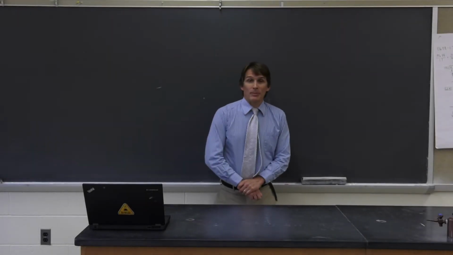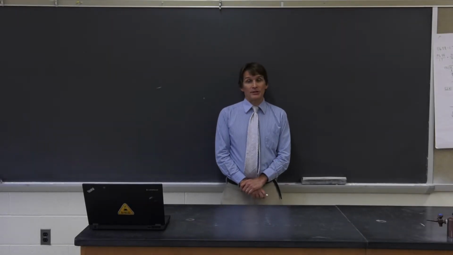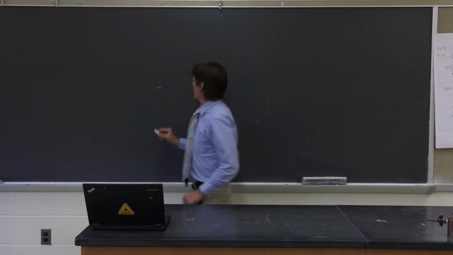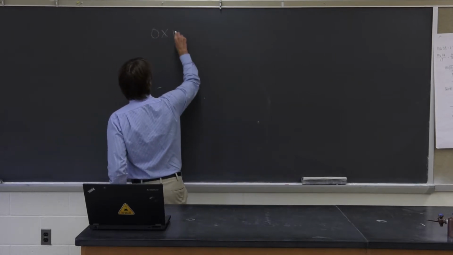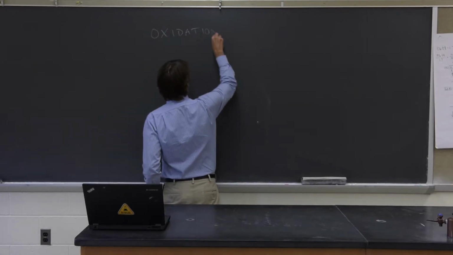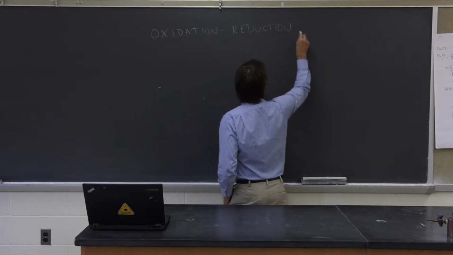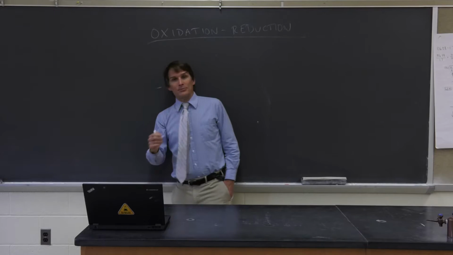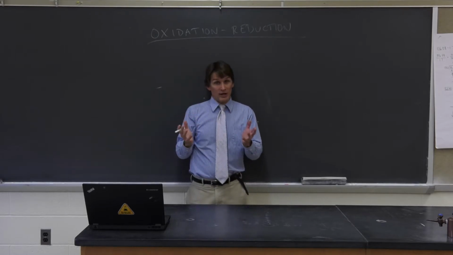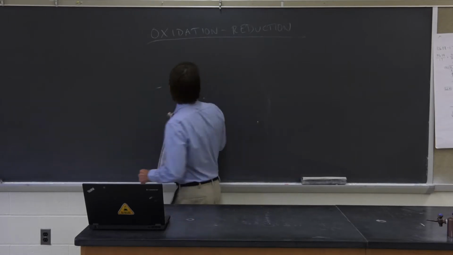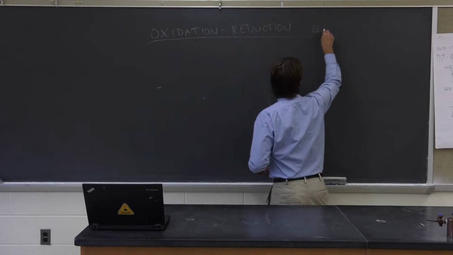All right, now we're going to talk about the type of reaction called an oxidation reduction reaction, also known as a redox reaction. In these types of reactions, it is electrons that end up getting transferred. So electrons are transferred.